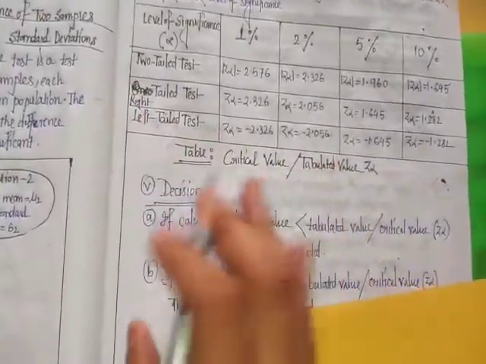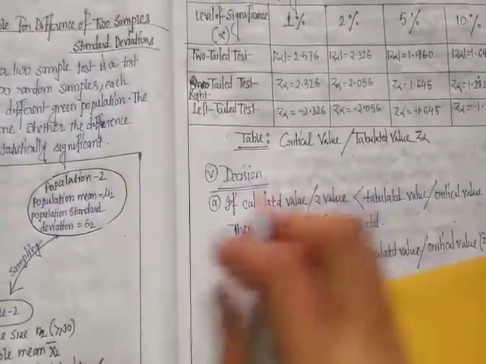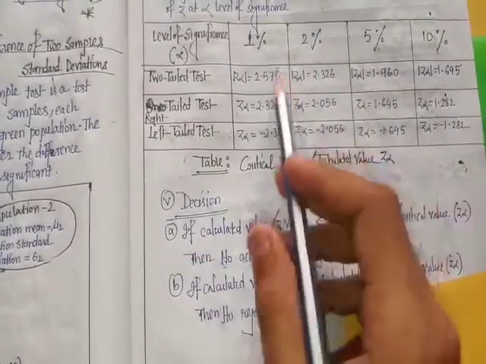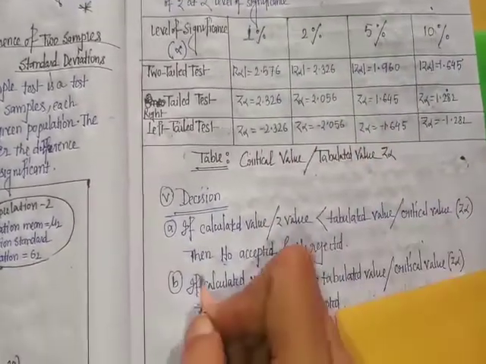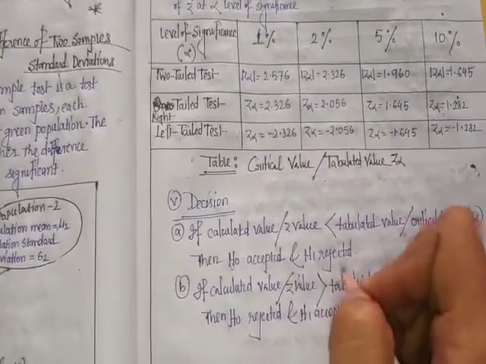Okay, and the decision: if the calculated value, or z value, is less than the tabulated value, then the null hypothesis is accepted and the alternative is rejected.